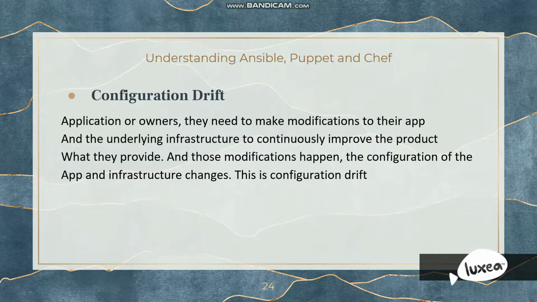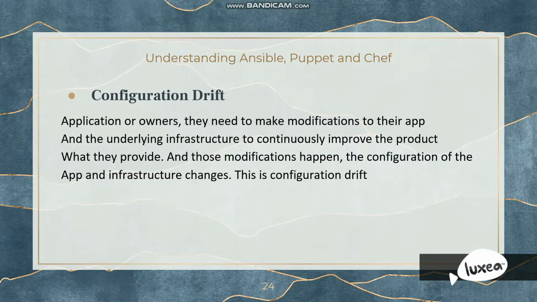As for configuration drift, the book explained it well with another example, but what I understood is that application owners need to make modifications to their application and the underlying infrastructure to continuously improve the product they provide.